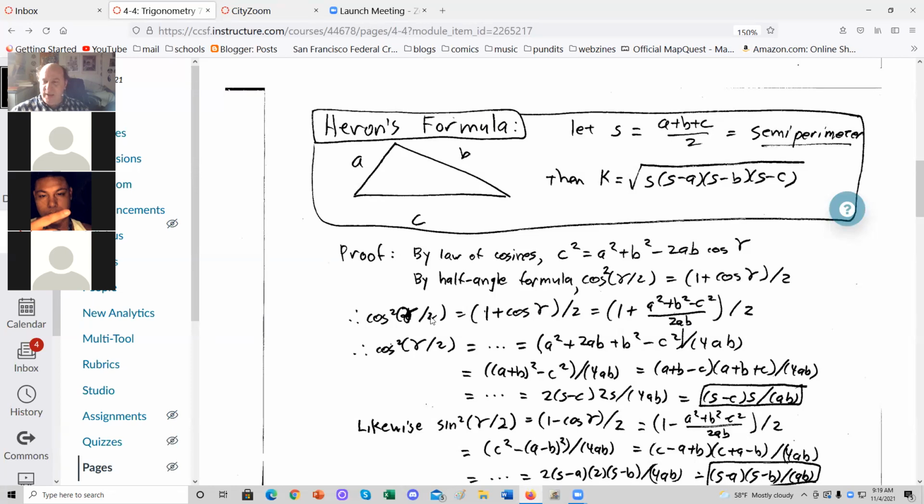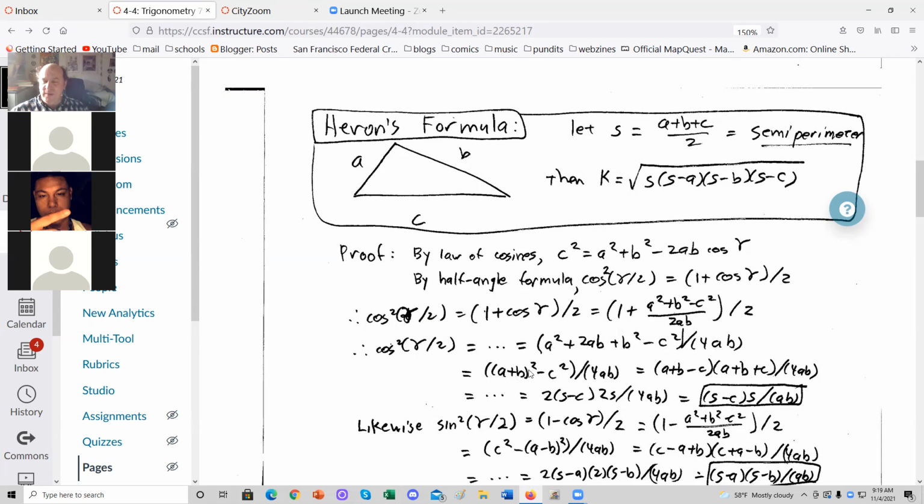Then you keep going with a bunch of algebra, and you get (a squared plus 2ab plus b squared minus c squared) over 4ab. This follows directly from this after some reasonably tedious algebra. And a squared plus 2ab plus b squared is (a plus b) all squared, minus c squared, over 4ab.